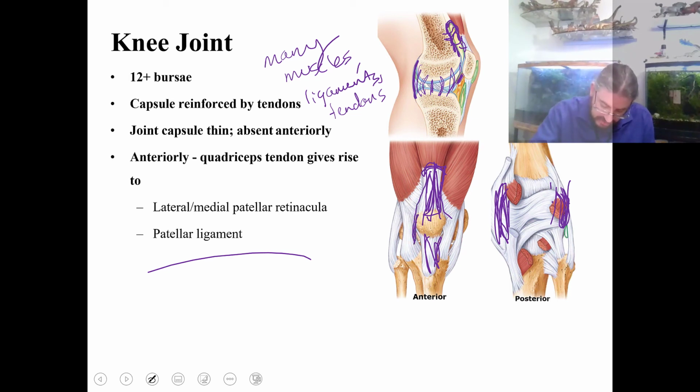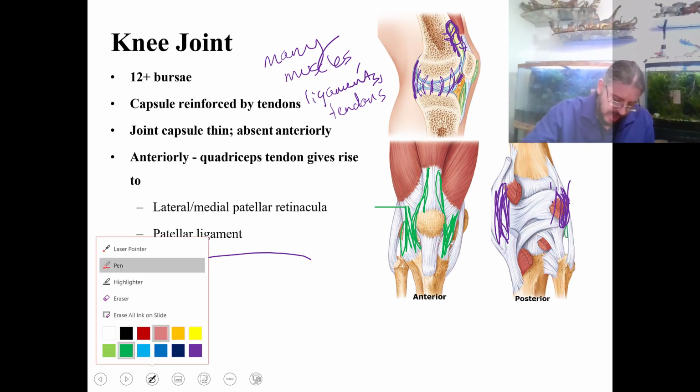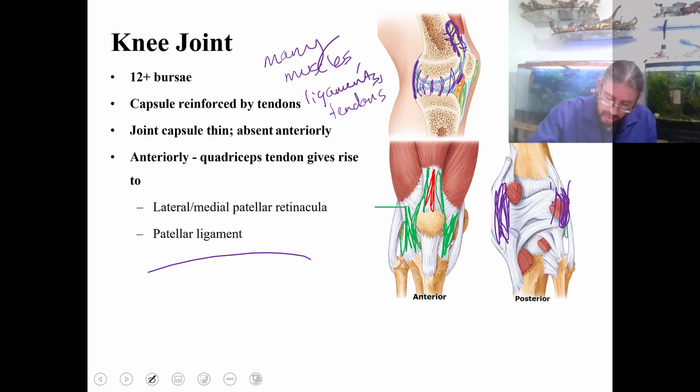You can see it right there. Let me erase some of this stuff. There we go. Lateral, medial patellar retinacula versus patellar ligament.